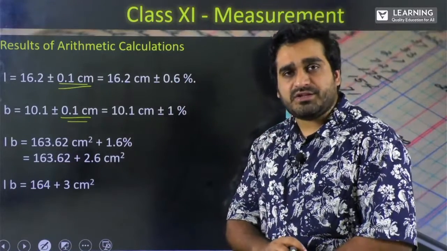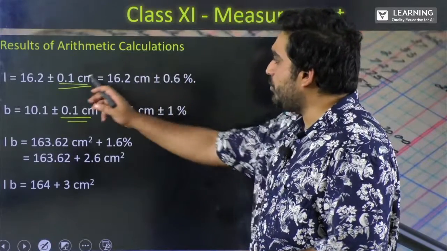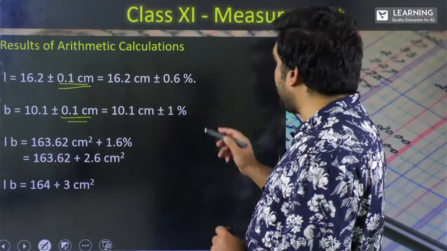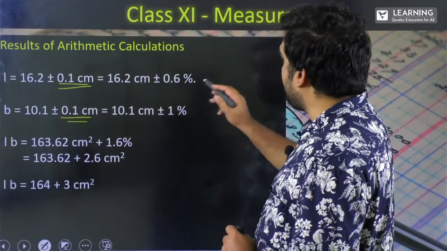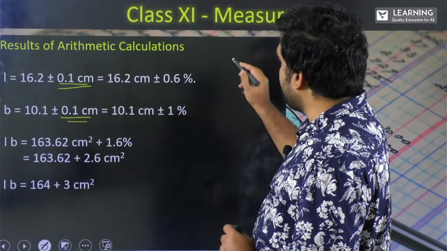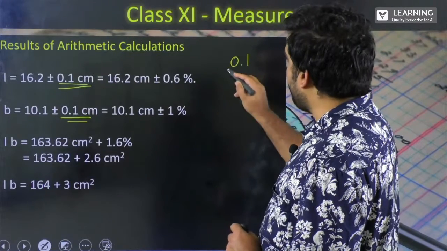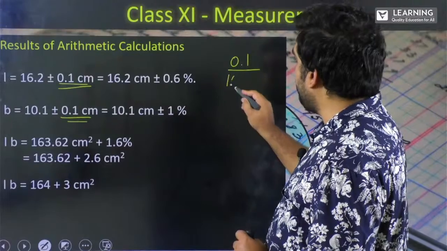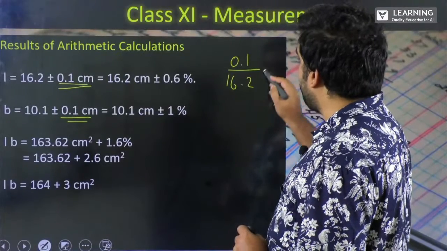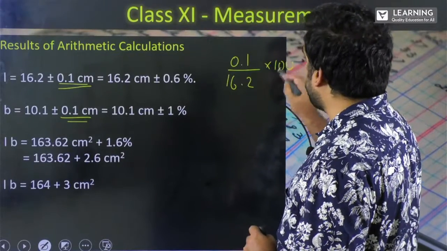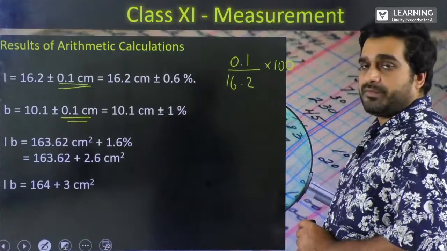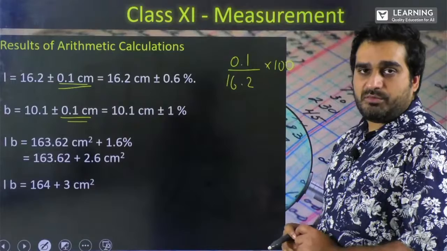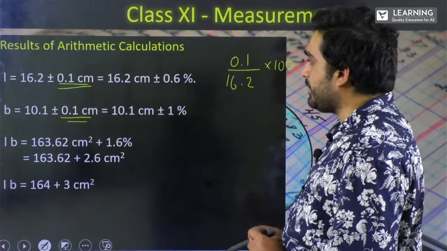What is the calculation used here? How did 0.1 centimeter turn into a percentage? I'll show you the calculation. The calculation we use here is 0.1 divided by the total number, which is 16.2, times 100. By doing this, you will end with 0.6%.